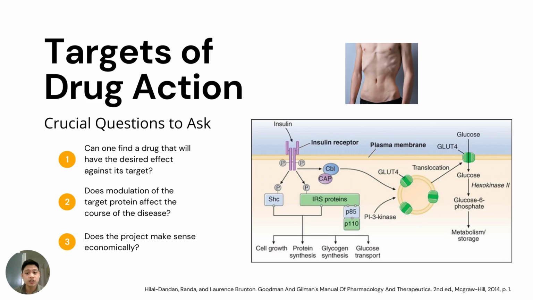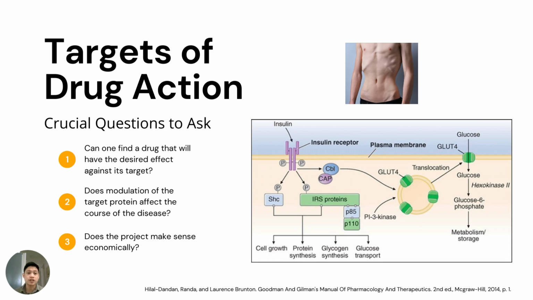Next, we have targets of drug action. It is not enough that we are able to identify substances that have particular effects in the body, but we also have to know where that substance acts.